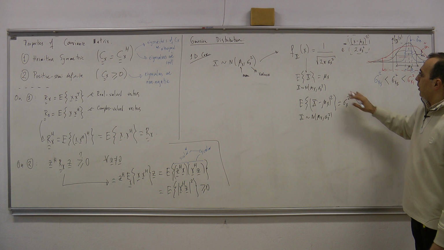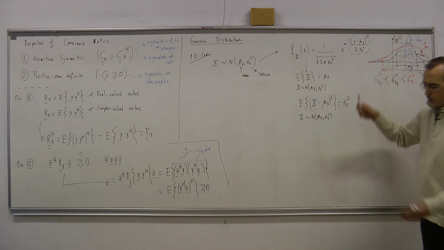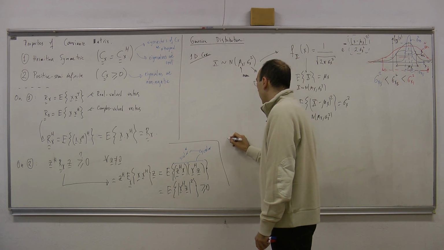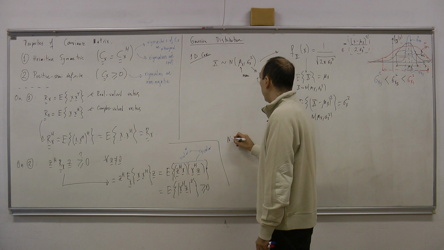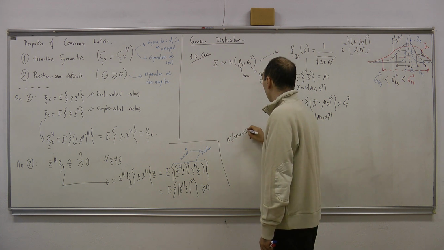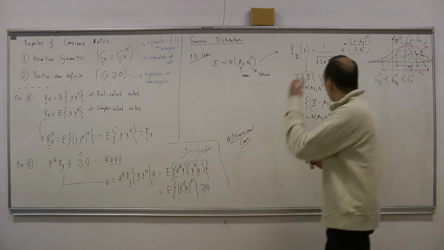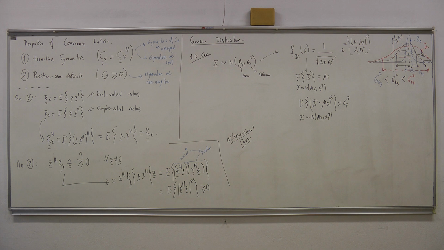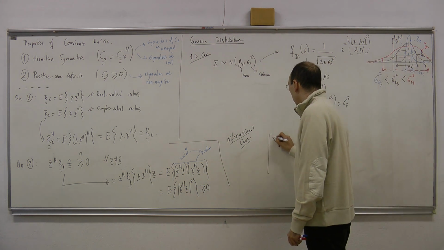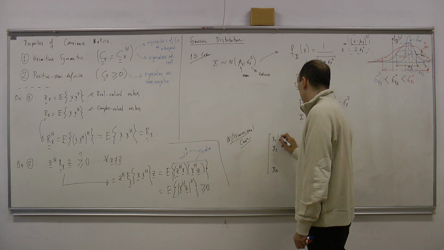The mean value and the variance are extremely important for the Gaussian distribution. Now, if I have the n-dimensional case, what would I say about that? If I have n-dimensional Gaussians, what's the meaning of this? Now I have x1, x2, up to xn.